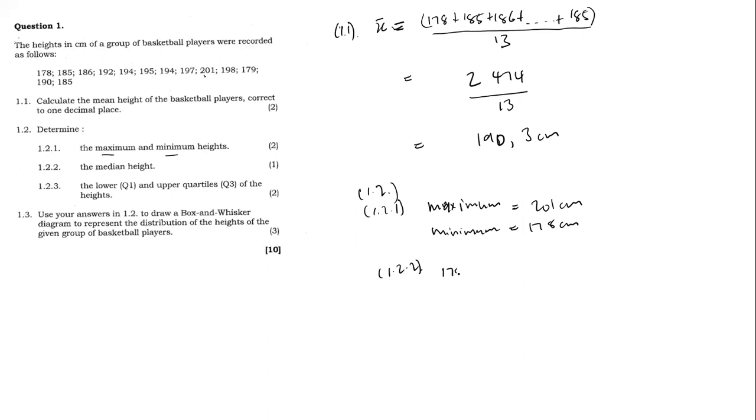So we have 178, we have 179, we have 185, we have another 185, we have 186, we have 190, we have 192, we have 194, we have another 194, we have 197, we have 198, and then we have 201.